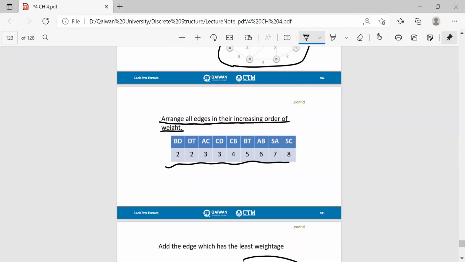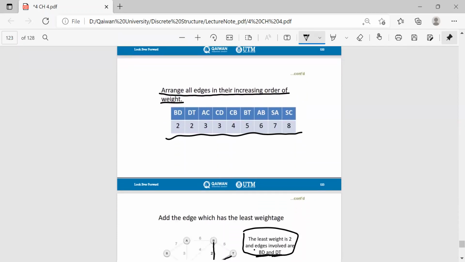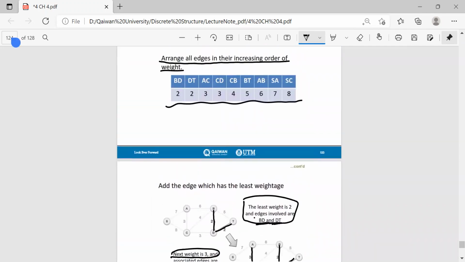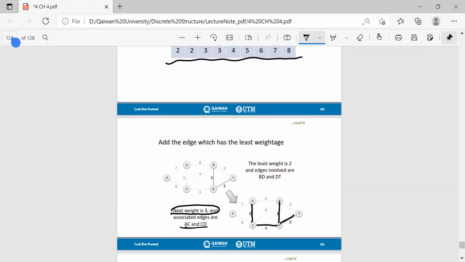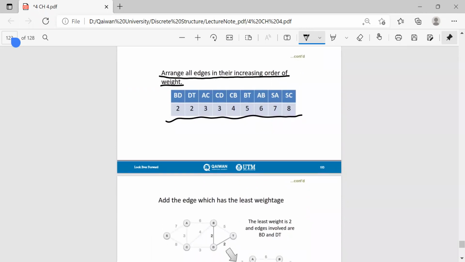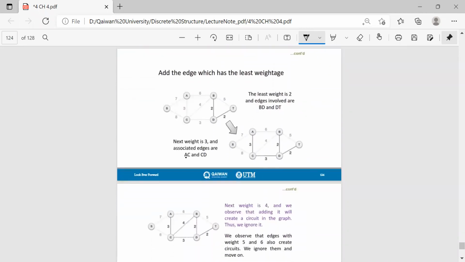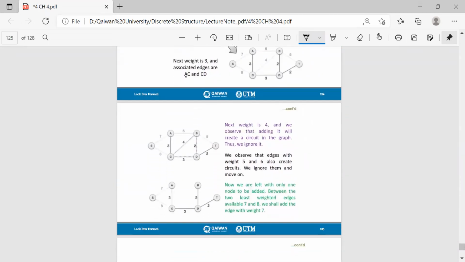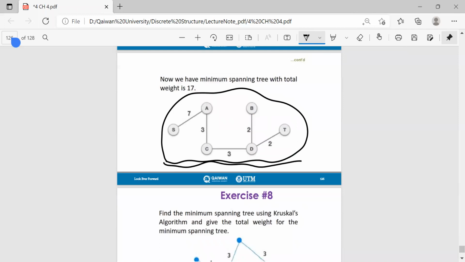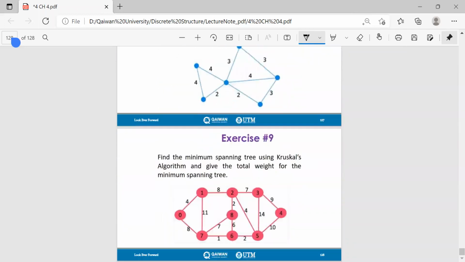Now we arrange the edges in increasing order of weight. Then we choose the edges to get the minimum spanning tree, starting from the least weight to the greatest weight. We don't choose any of them that gives us a cycle. And we get this graph. It's the end of this chapter, and it's enough for today.